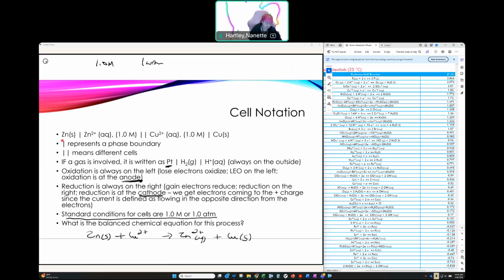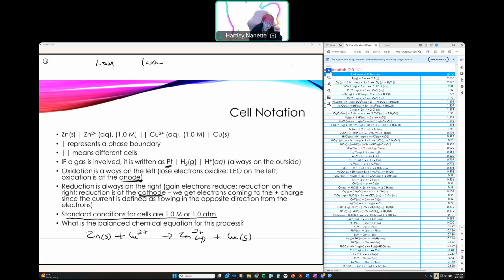Because this is written before this, and this is written before that. So reactants, products, reactants, products. That's how I know what goes down here. I know that both of these have 2 electrons in those processes, so this as written is balanced. So that's my balanced chemical reaction for this process, and that talks about my cell notation.